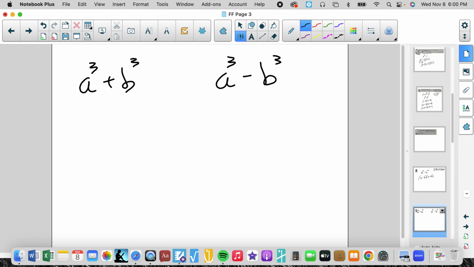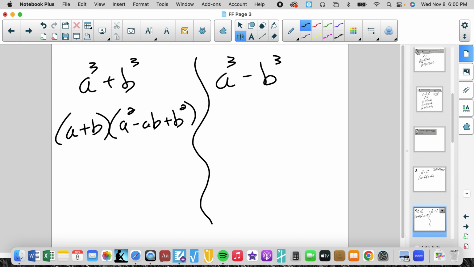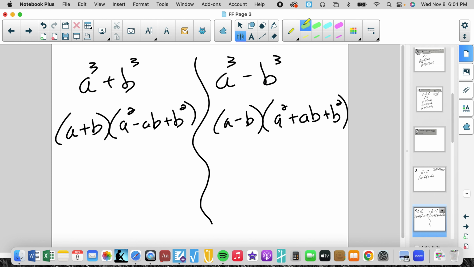So this is going to work into this template: a plus b times the quantity a squared minus ab plus b squared. That's what that produces. And the difference of cubes produces a minus b times the quantity a squared plus ab plus b squared. So these are similar and different in very specific ways.